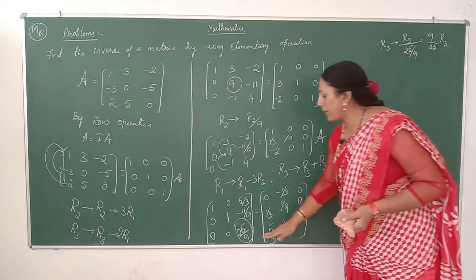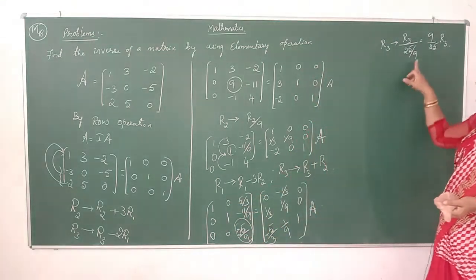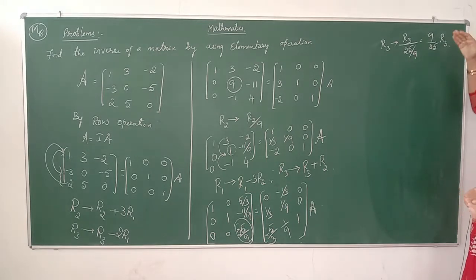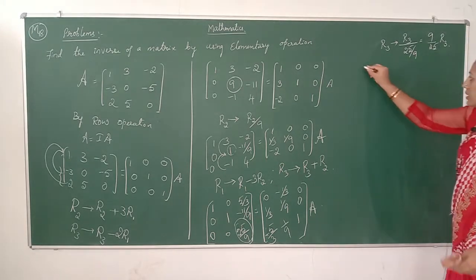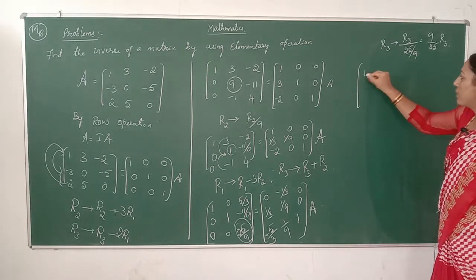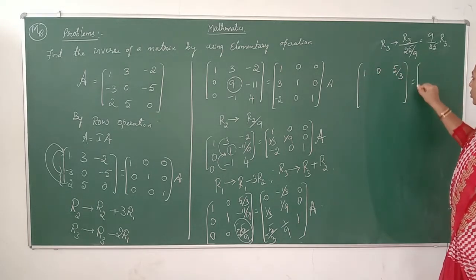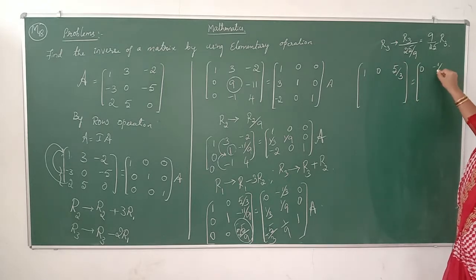Meaning the elements of R3 get divided by 25 by 9, otherwise multiplied by 9 by 25. Therefore the elements of the first and second rows are not altered in both LHS and RHS.